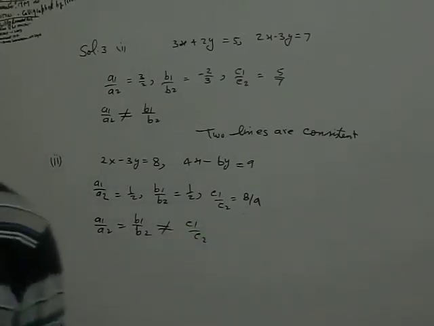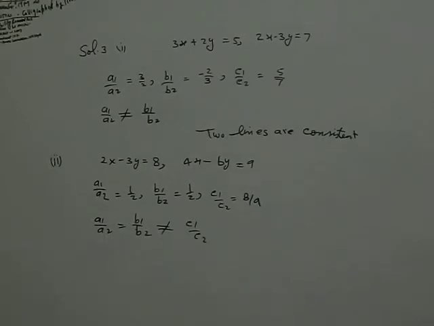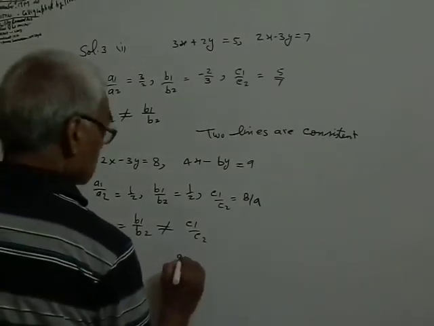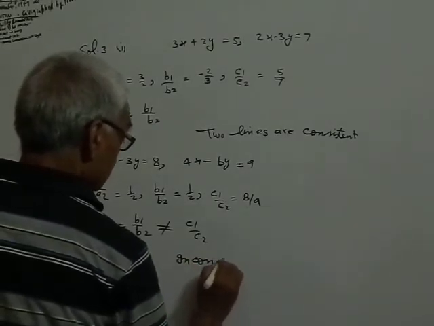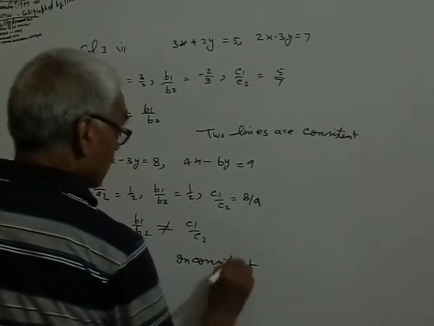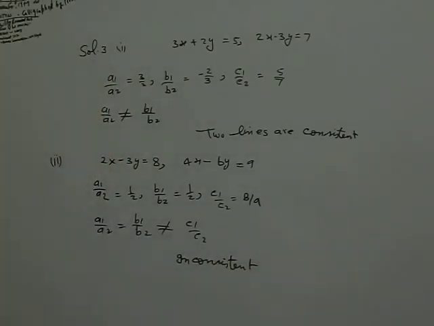So, the two lines will be parallel and these will be inconsistent. These two lines will be inconsistent and they are parallel. So, no solution of these two lines will be found out.